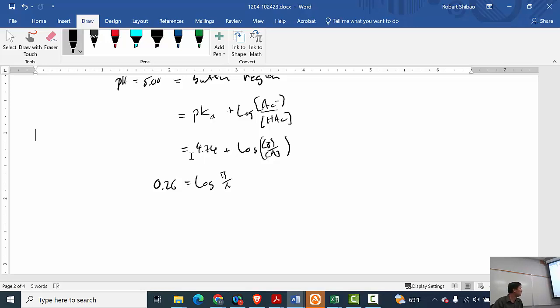And so I'm going to get the base to acid ratio by doing this. The base is acetate, the acid is HAc, and that's going to equal 10 to the 0.26, the antilog. And what does the ratio come out to?